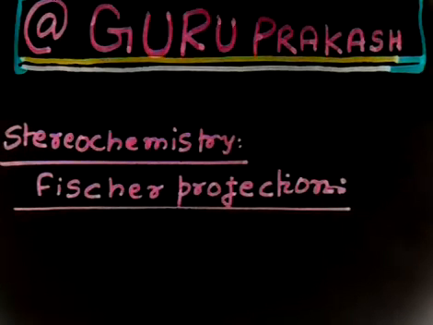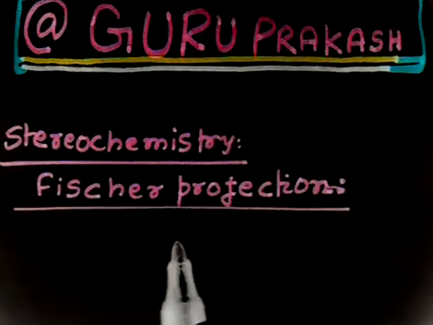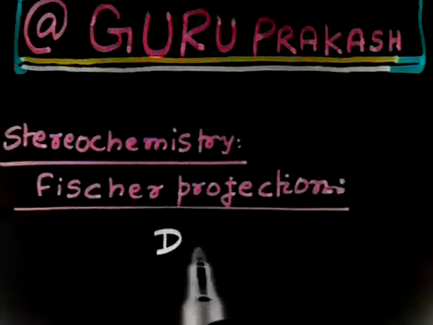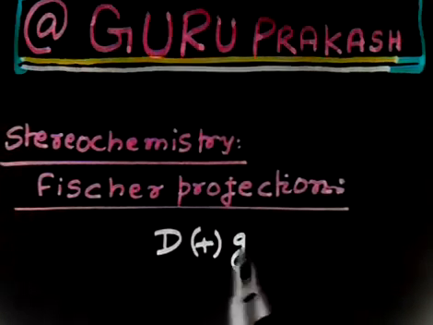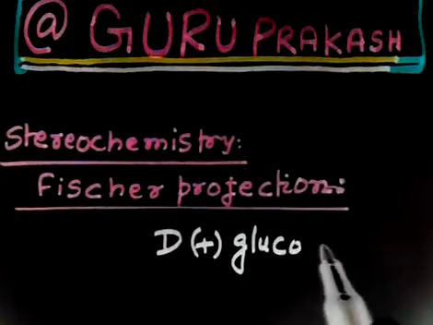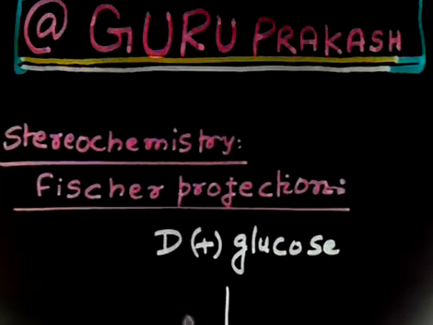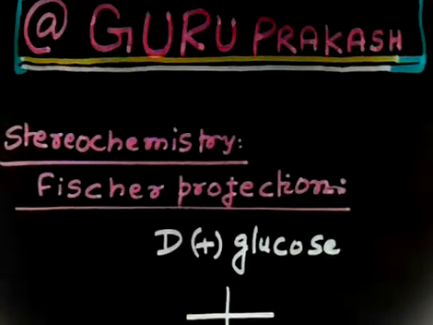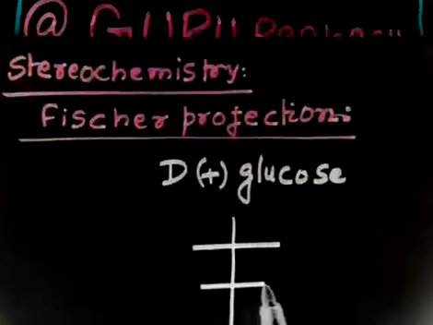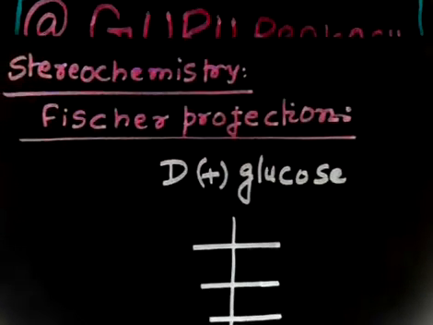Okay, this question says the Fischer projection formula of D plus glucose is given as follows. So we have 4 chiral carbons.